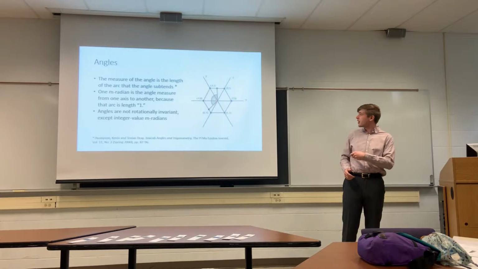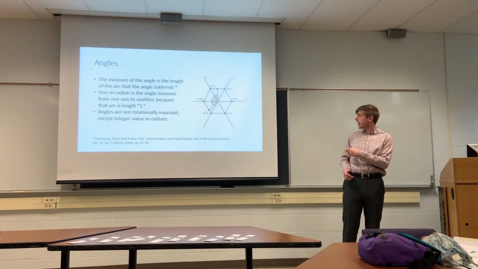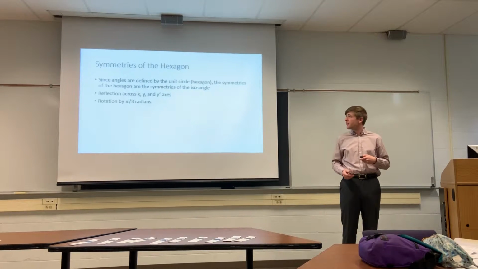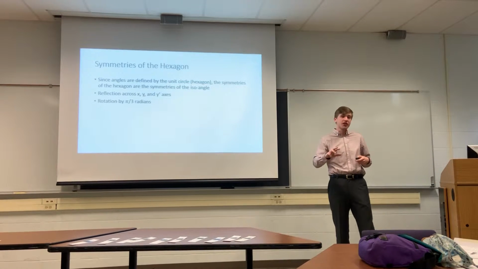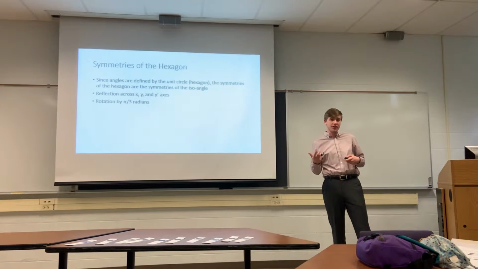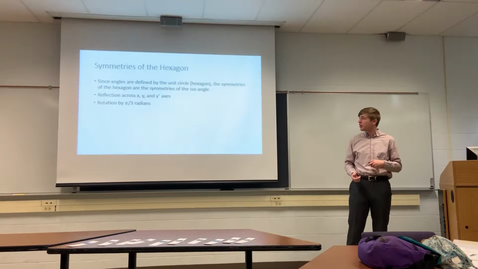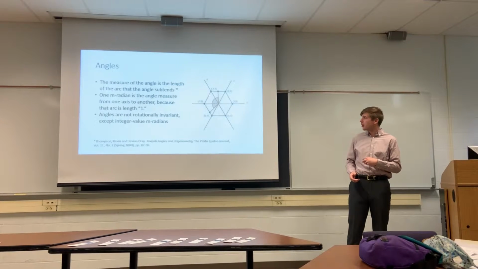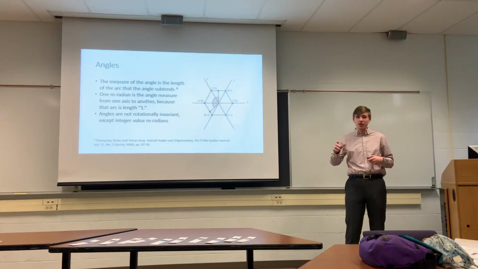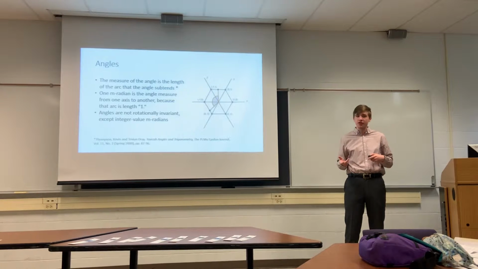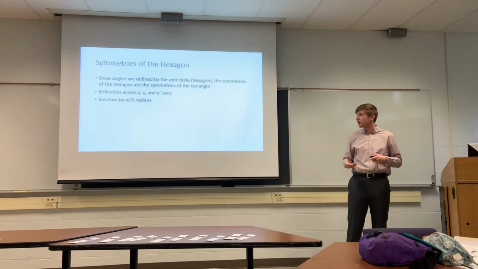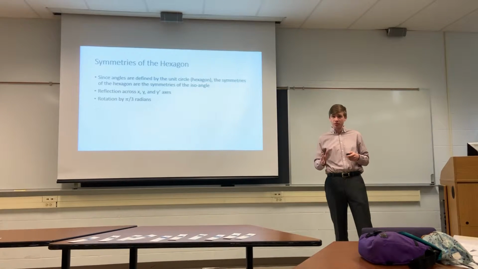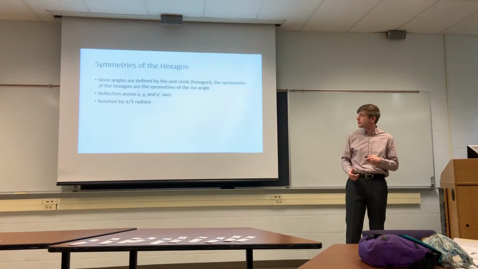One thing is that you can reflect the hexagon across the x, y, or y prime axes, and it'll still look the same. So that means we can reflect angles across those axes, and those angles will still have the same measure. And we can also rotate by pi over 3 radians or an integer multiple, because the unit circle will still look the same. So even if it's not an integer value, we can rotate angles by that amount.